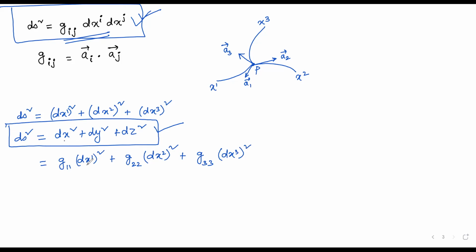So dx square is nothing but dx1 square, dy square is nothing but dx2 square, dz square is nothing but dx3 square. So in the Euclidean space in 3 dimensions, if we use the Cartesian coordinates x, y, and z, then the 9 terms reduce to only 3 terms.